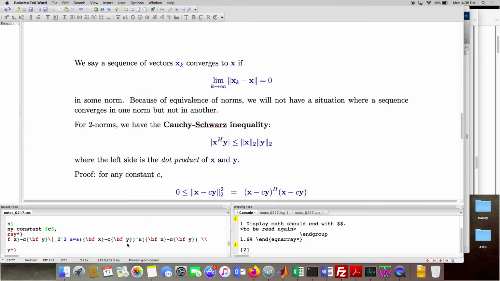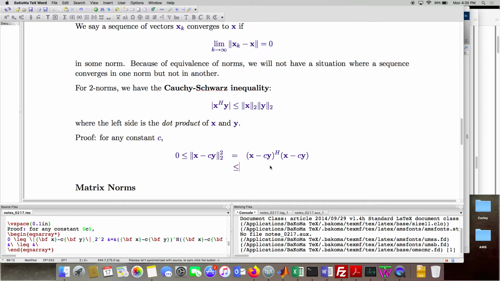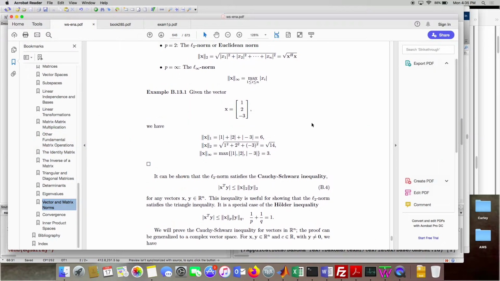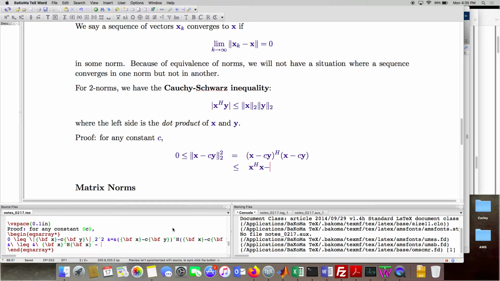So now, what I can do, due to the linearity of the dot product, is write this the same as x Hermitian transpose x minus... To simplify things, I'm going to assume that everything is real.